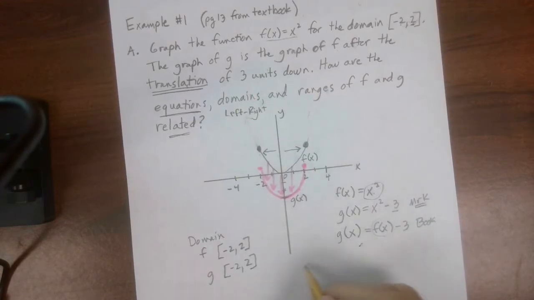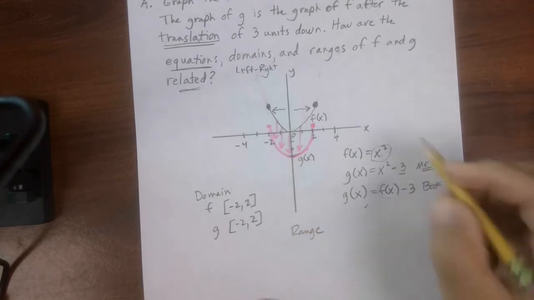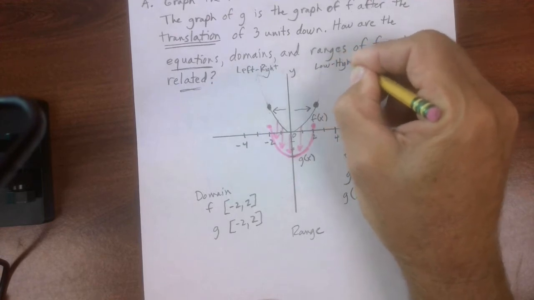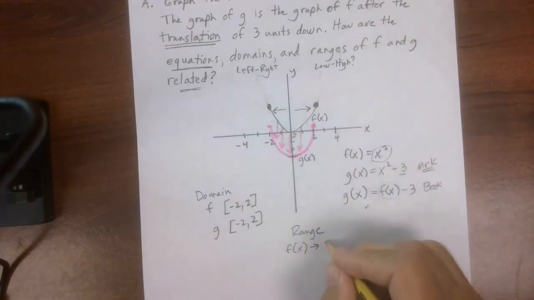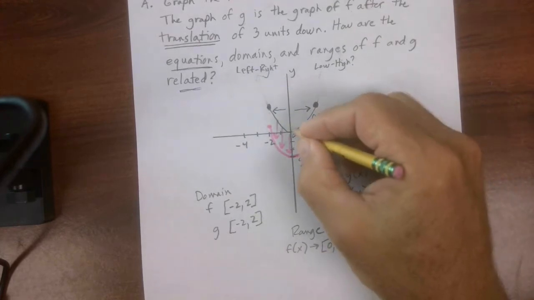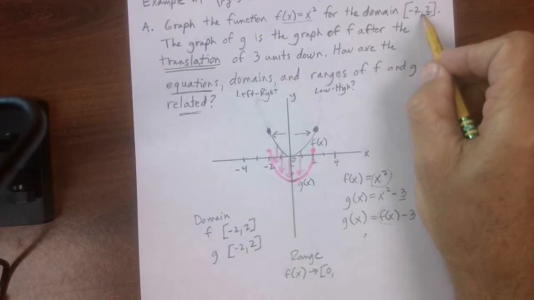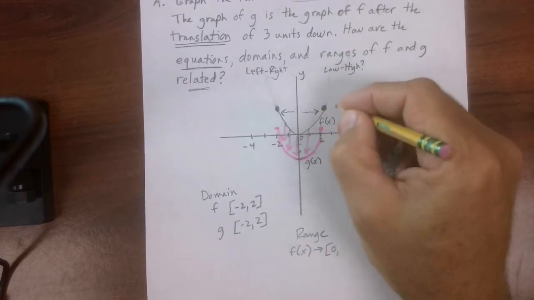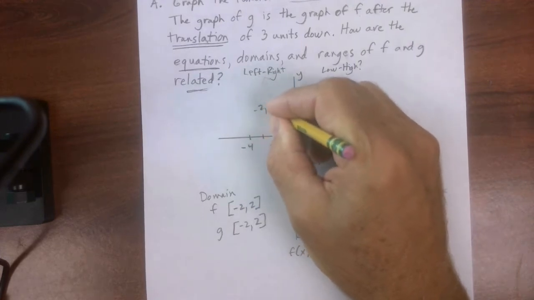How about the range? Well, the range, remember, is how low does it go to how high does it go. And so if we concentrate on f of x, like, okay, the range, how low does it go? 0. How high does it go? Well, it stops here and here because of the limitations of the domain they gave us initially. So it only goes up to 4, because this is 2, 4, and this is -2, 4.